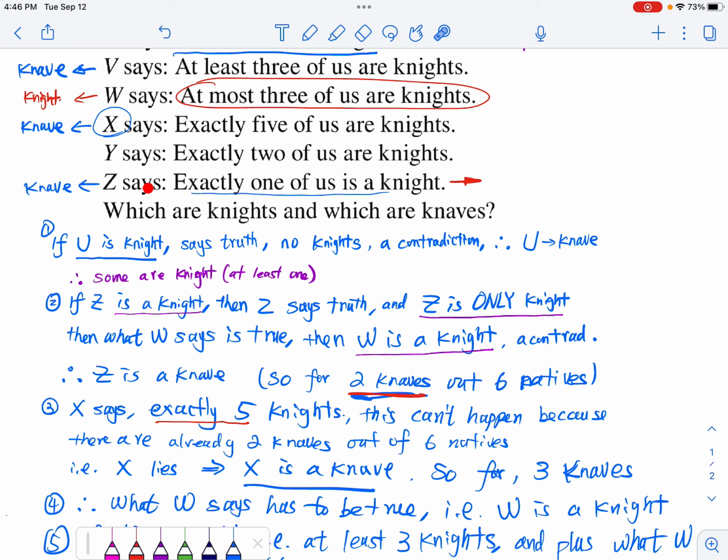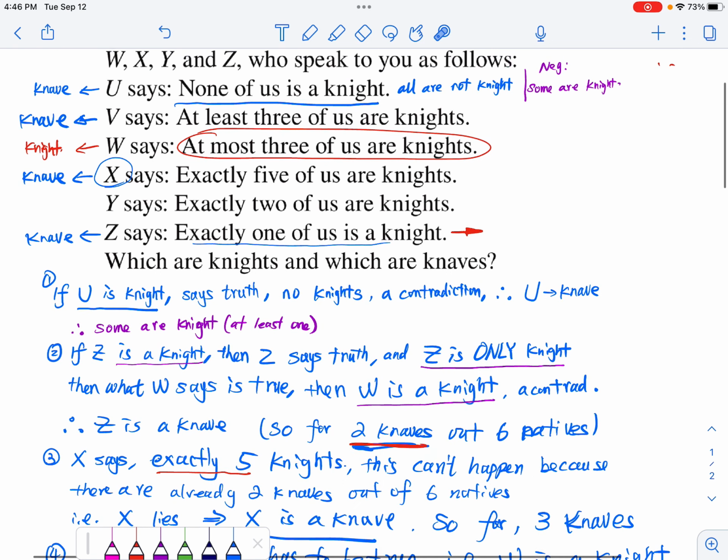Z is a knave. Therefore, what Z says is gonna be a lie. So therefore, not exactly one of us is a knight. We also know that U is a knave. What U says is wrong. Therefore, its negation will be true. Some are knights. That means at least 1 is a knight.